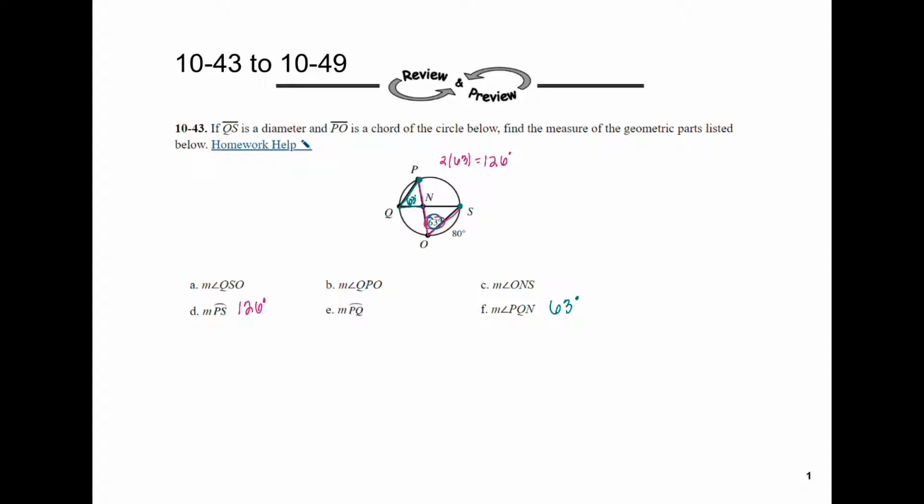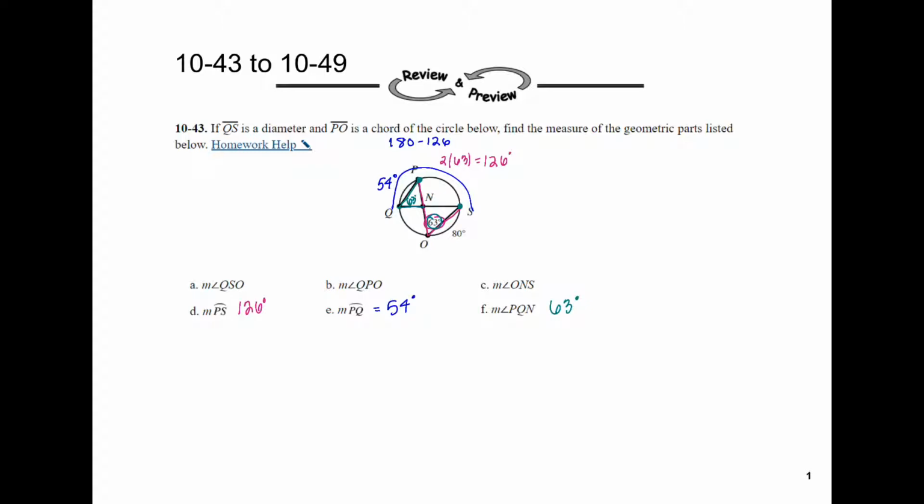If I know that arc PS is 126 degrees and QS is the diameter of my circle, this is a semicircle, so 180 minus 126 would tell me that arc QP is 54 degrees. So we know QP is 54 degrees.